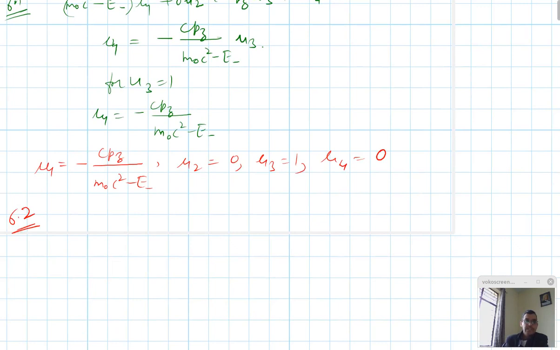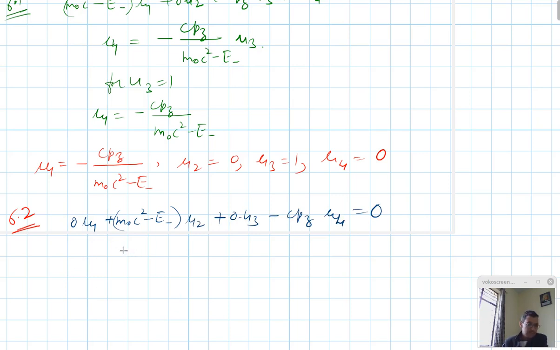Then I am getting 0 u1 plus (m₀c² minus E minus) u2 plus 0 u3 minus cpz u4 is equal to 0.